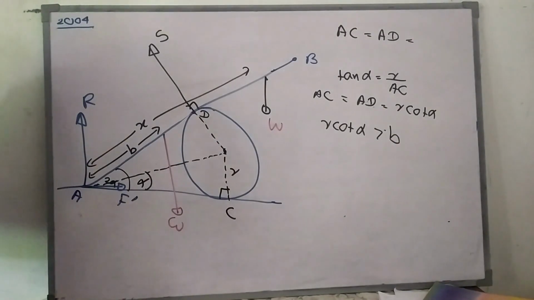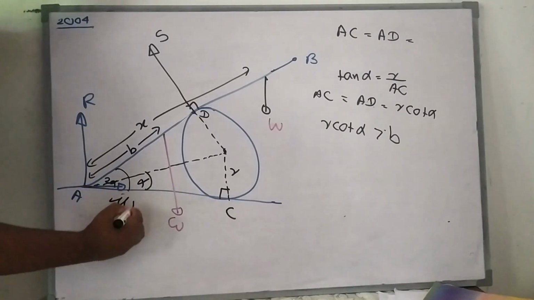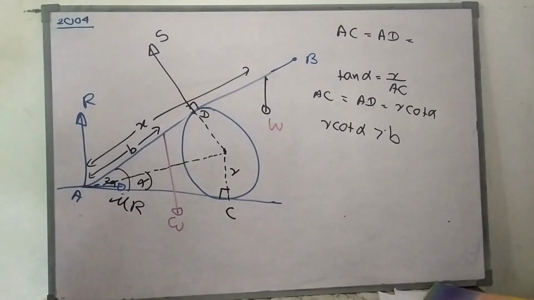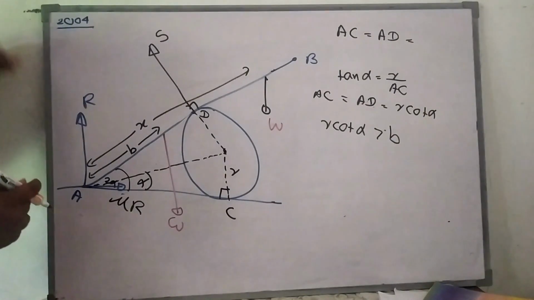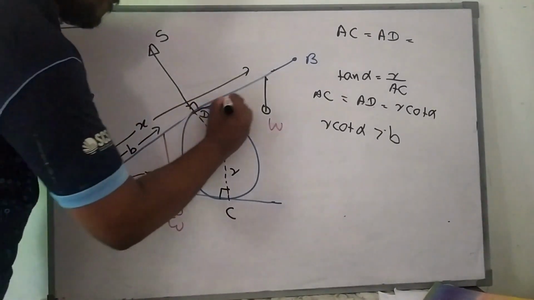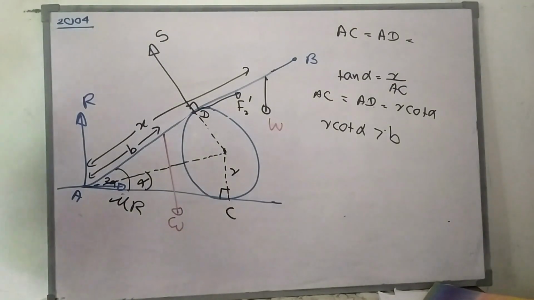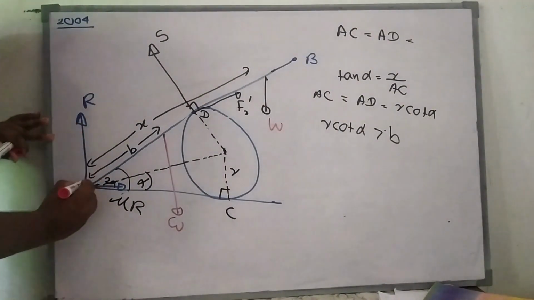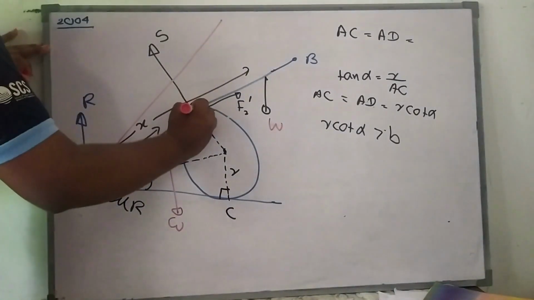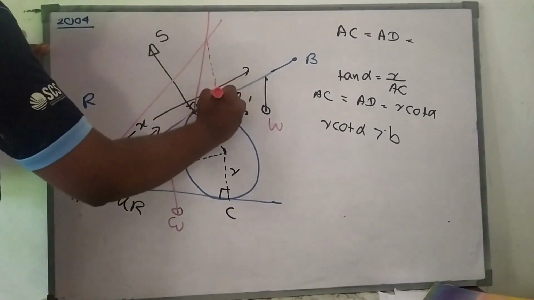What is r cot alpha? You can see according to my triangle, this is mu R, the friction, and according to the triangle, these are the frictions, F2 dash. The ladder always tries to move down, so the frictions are going up. So this is the concurrent position of the friction forces.